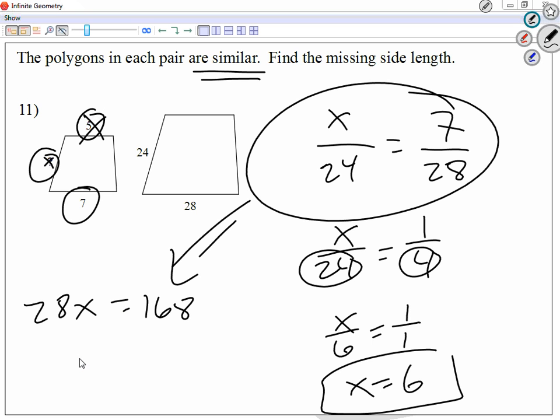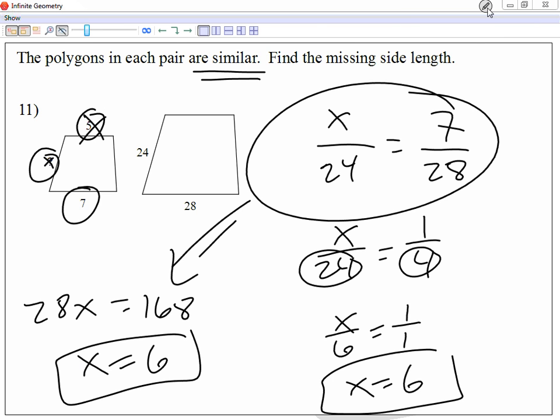Divide each side by 28, and x equals 6. Right? You guys can do that if you guys have your calculators, easy to deal with big numbers. But if you guys don't want to deal with big numbers, you can simplify your numbers and do it by hand. Let's take a look at number 12.